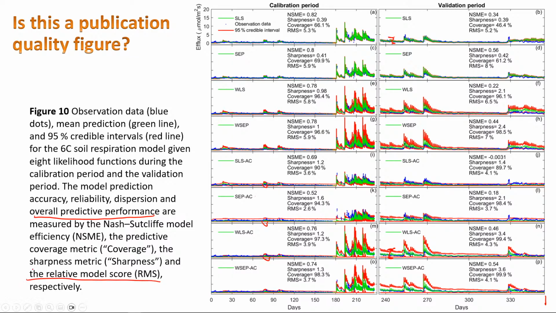You see here the relative modulus score of this one is 5.9, 5.3, 5.9, 5.8, and 5.9. So obviously this one and this one performed better than this one and this one. And when we account for autocorrelation, they all didn't perform well: you see 3.6, 2.6, 2.6.